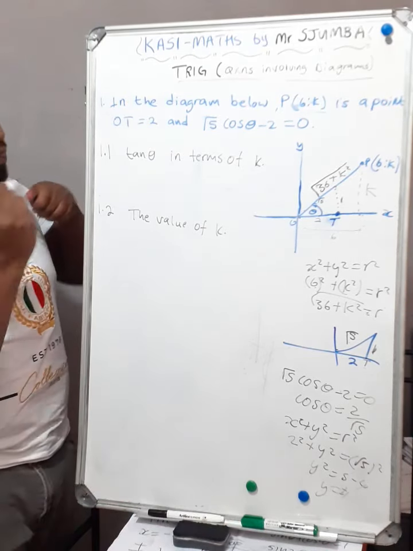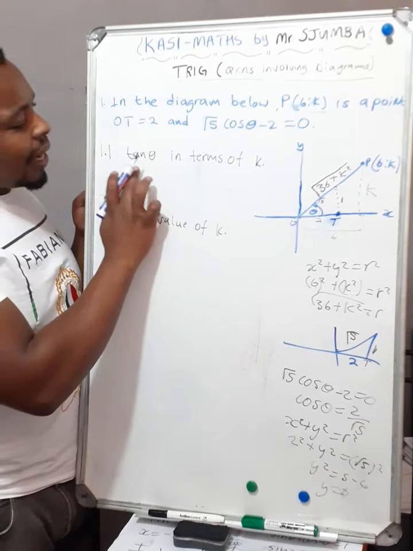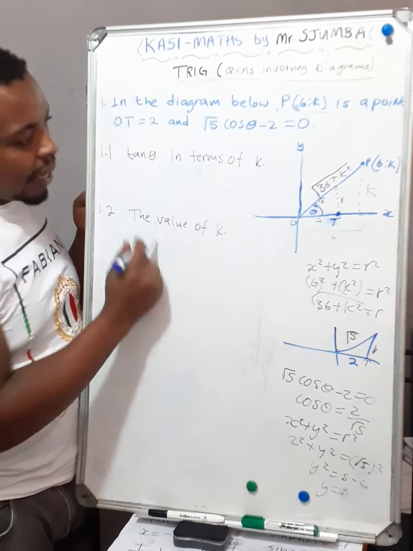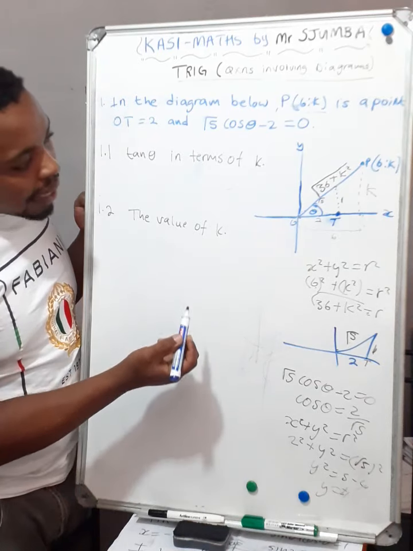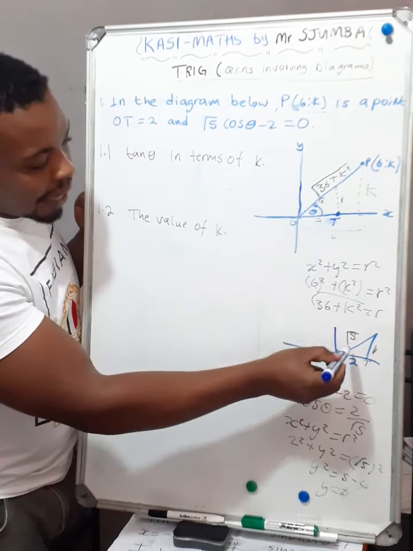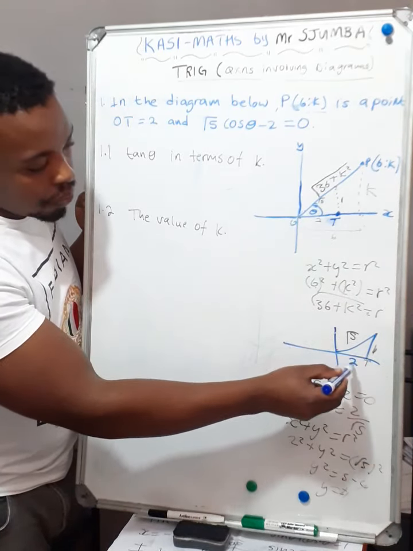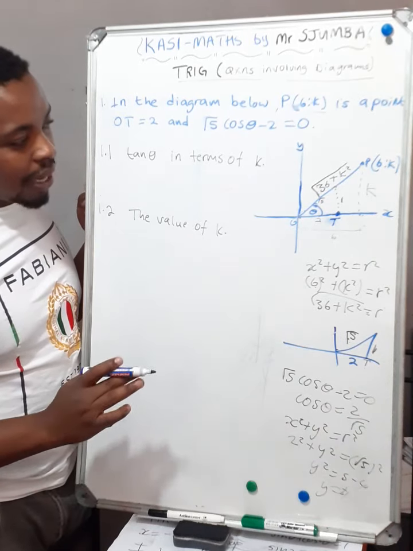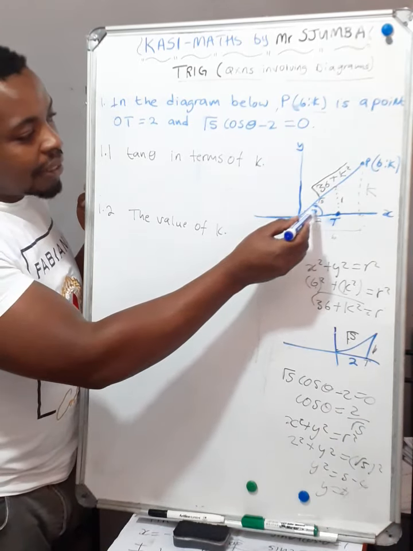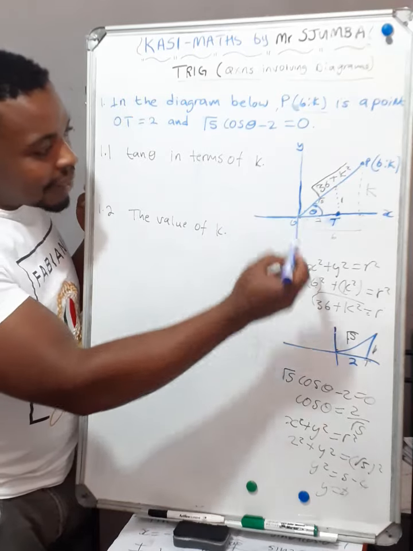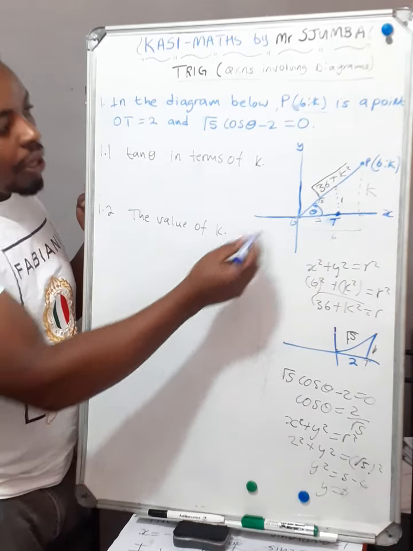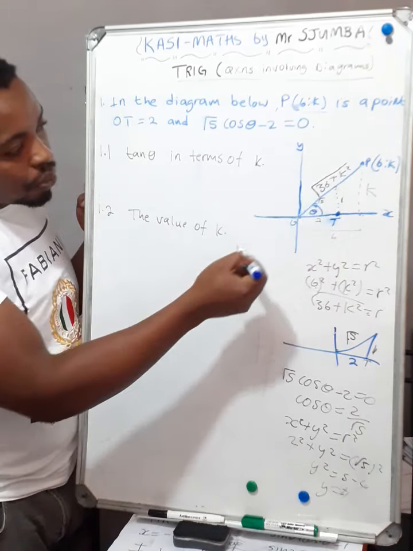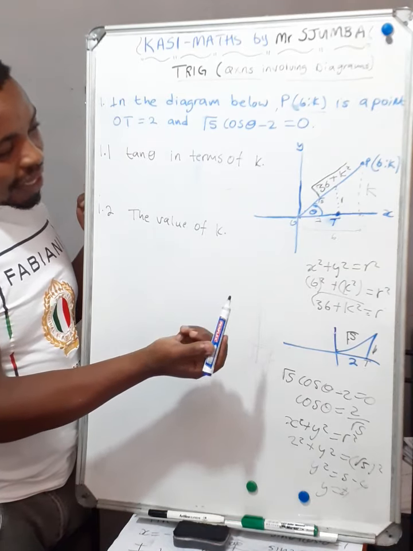Right. So we should write tan theta in terms of k. The small diagram does not have k, only 1, 2, and root. So we cannot use the small diagram. But theta in the small diagram is theta in the big diagram, because the small diagram and the big diagram are similar.